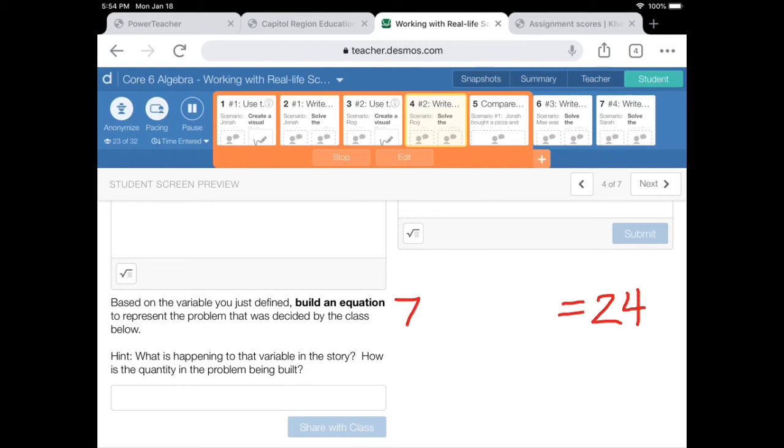So if I total up all the slices that every person got, then I know there were 3 more slices than that, because there were 3 pieces left over. So that's plus 3. That should equal a total of 24 slices. So what does this mean? This means the total of slices given to people.